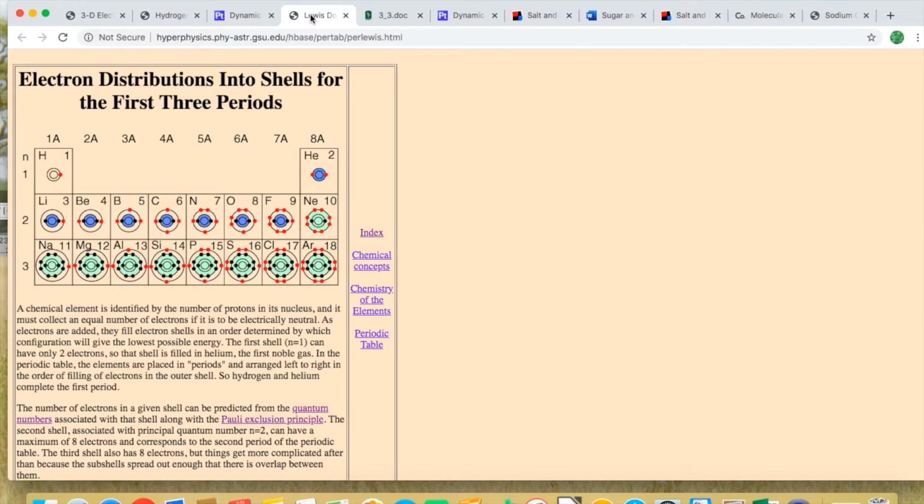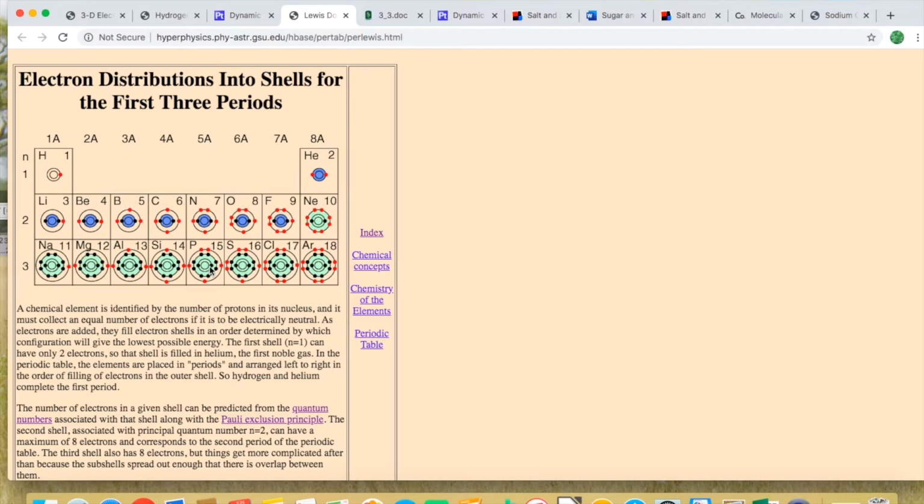I also showed you a little bit about the full electron shells. Now, in actual fact, the thing at the top says Lewis, but really what you're seeing here is a little bit more like Bohr diagrams because all the electrons are included. Although the Lewis structure, the outer electrons, the valence electrons, are shown here in red.